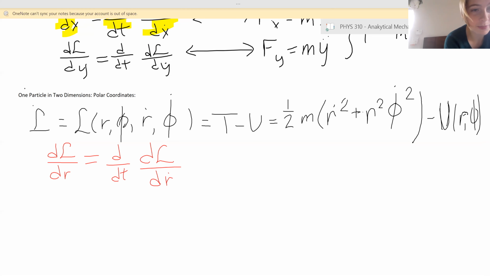So what that ends up giving us is if we take the Lagrange with respect to R, we're left with this component and this component.